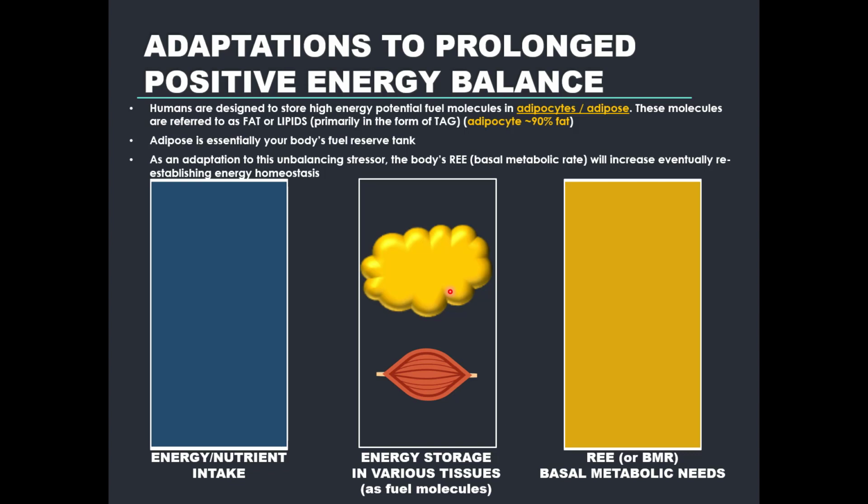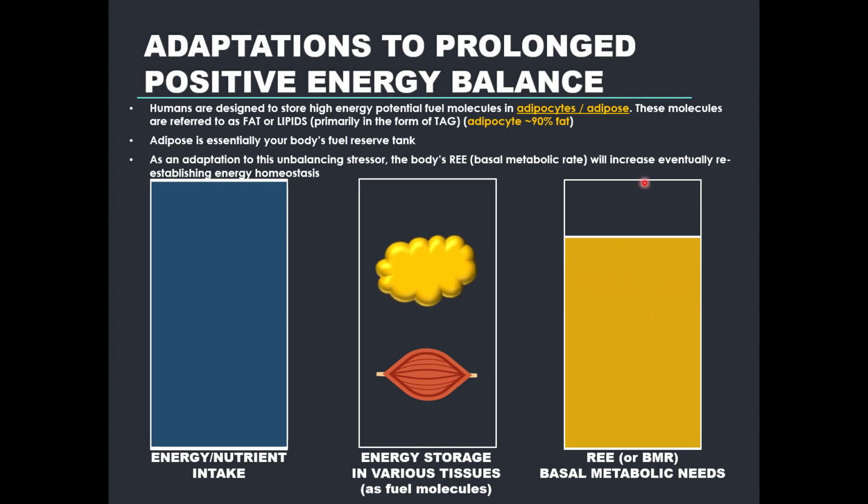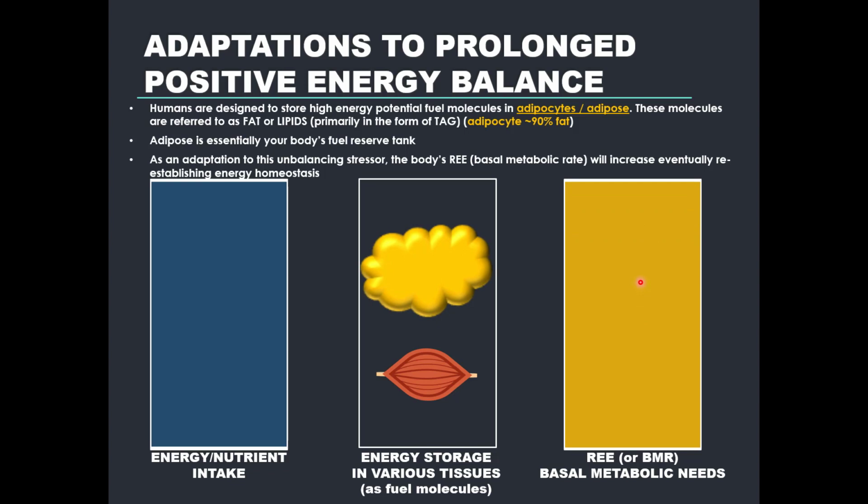So how does the body adapt to a prolonged state of energy surplus and positive energy imbalance? It's by increasing the body's basal or resting energy needs/expenditure. In other words, as an adaptation to prolonged energy surplus, the body will increase its basal metabolic rate or resting energy expenditure/needs.